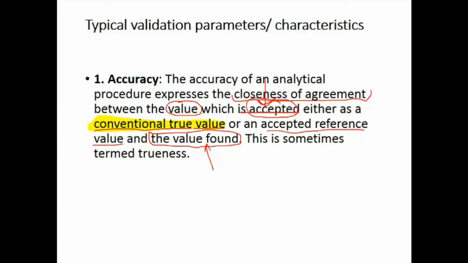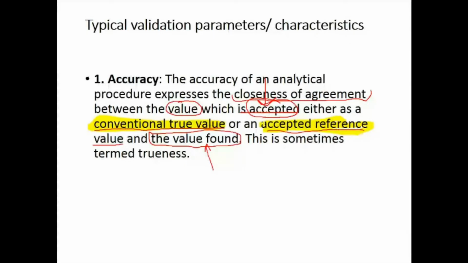There is something like 715. I think it is 715. So that value is an accepted reference value. Or in that case the lambda max of paracetamol in aqueous solvent is 257, 251 or 257 nanometer.